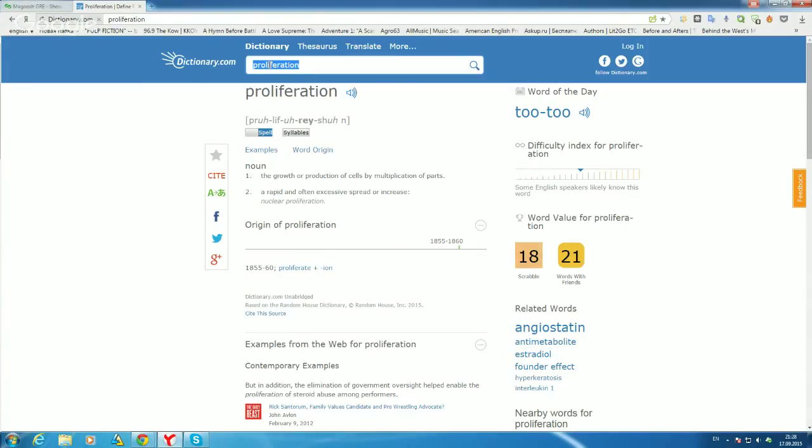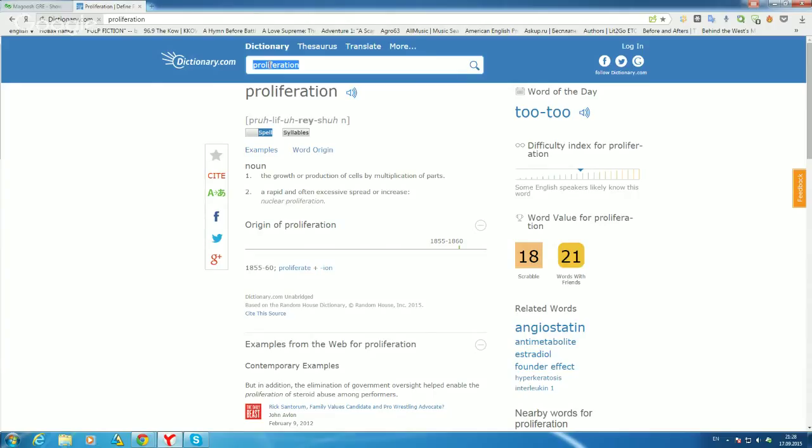Okay, so what is proliferation? Proliferation is the growth or production of cells by multiplication of parts.